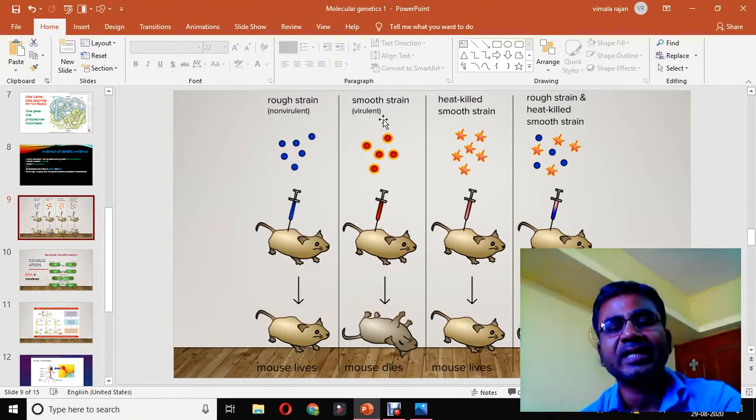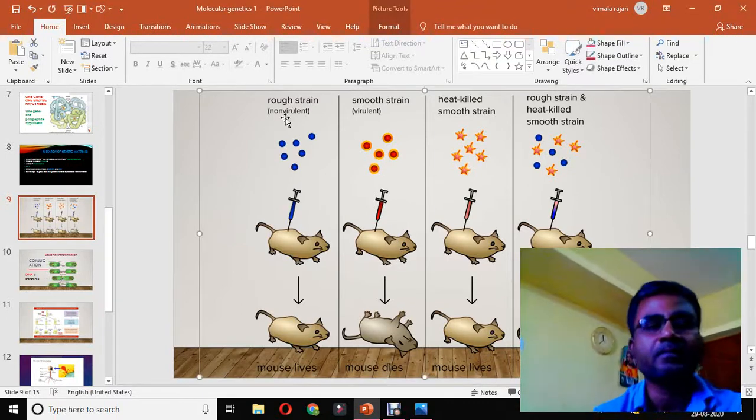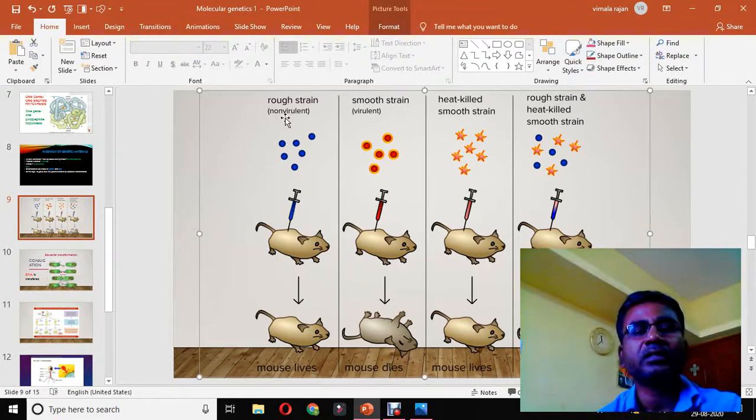Virulent means some toxicity is there, and the bacteria is capable of killing the mice. Non-virulent means it will not cause death. It is non-toxic.